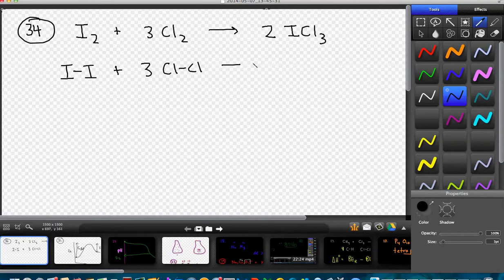And we're going to make 6 iodine-chlorine bonds. So remember, delta H is the bond energy of the broken bonds minus the bond energy of the made bonds. So just using the data that we have, 151 plus 3 times 242 minus 6 times 208.